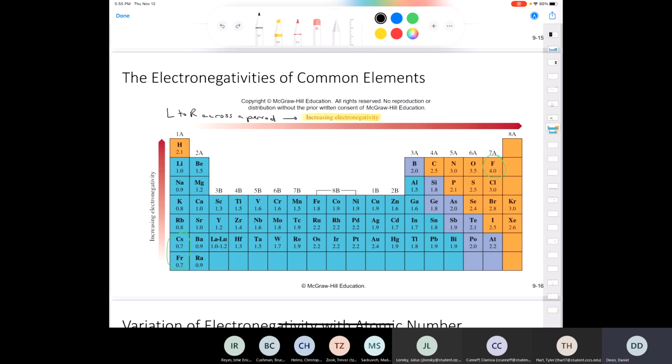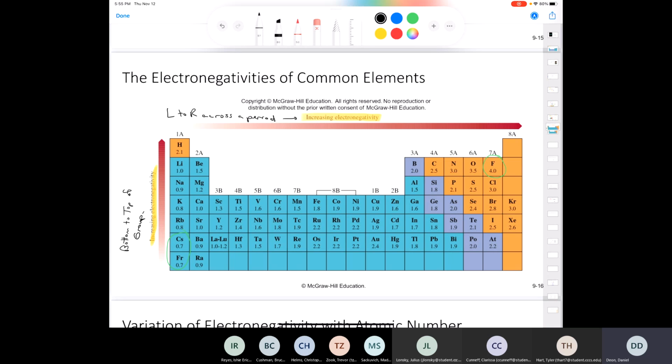So we could say that going from the bottom to the top of a group or family, we get increasing electronegativity.